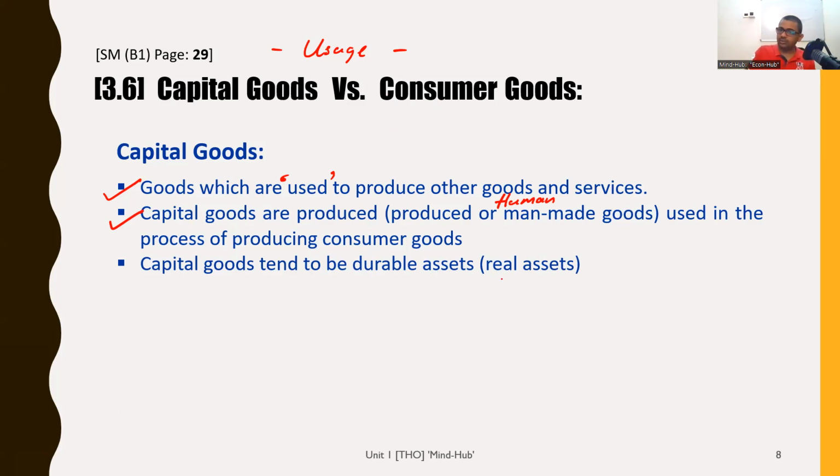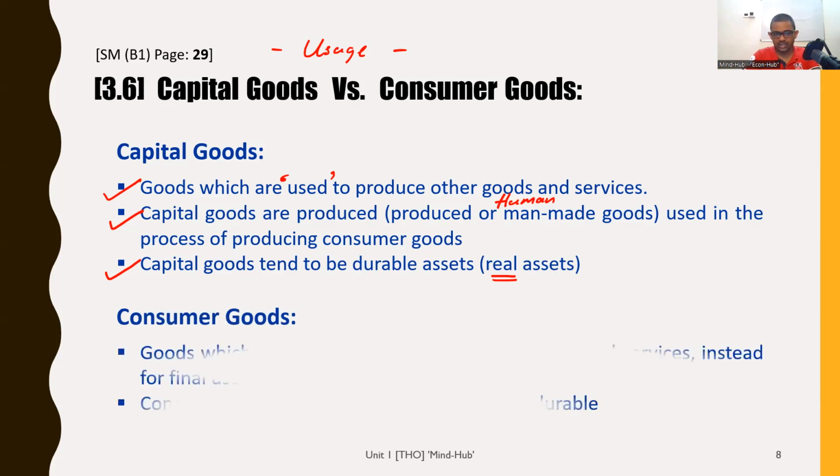An important word we use in economics is we always look at capital as real assets: machinery, equipment, building, that kind of an idea, not the financial, but the real things. So yes, we can use them over a period of time. There is depreciation. We can talk more and more, but these are the key points you should know. First point is simply the key difference, usage.